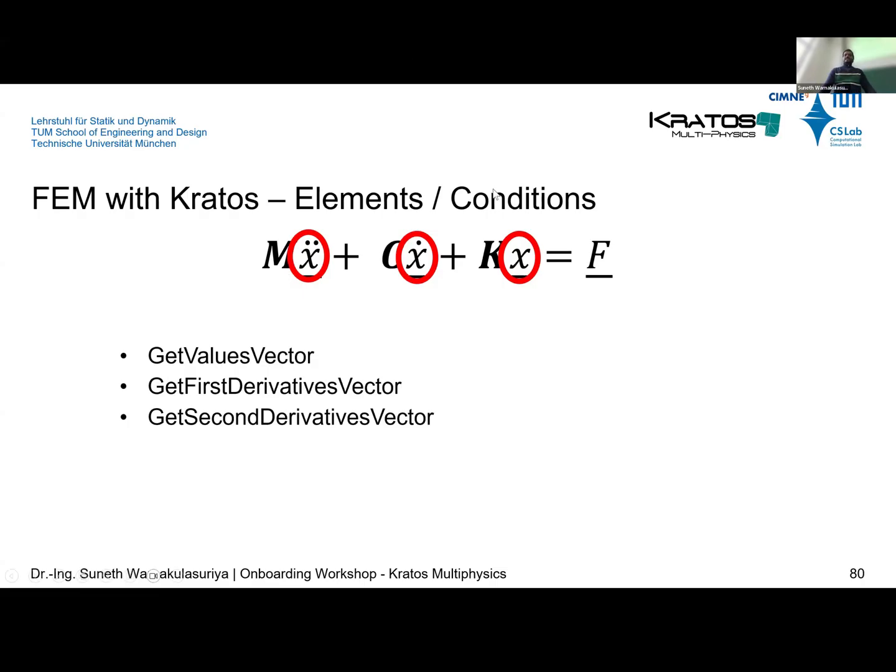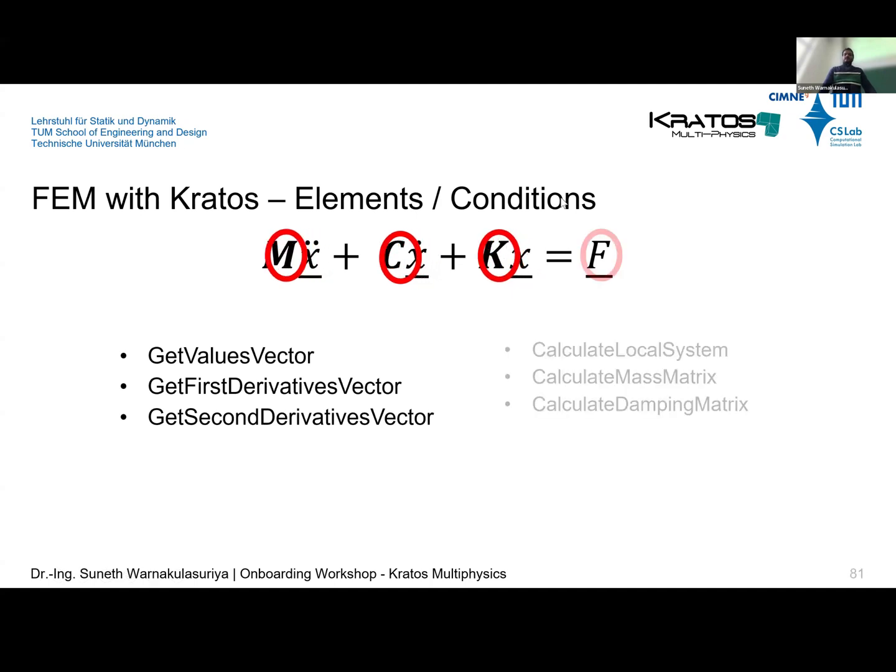That's why we have from each element these three methods: get values vector, which gives this x; get first derivative vector, which should give for that element the x dot, the whole vector for every node; and get second derivatives, which is this one. It also has a lot more other methods to get M, C, K. So K and F is given by calculate local system, because static and transient cases both need K and F, so we have one method for that.